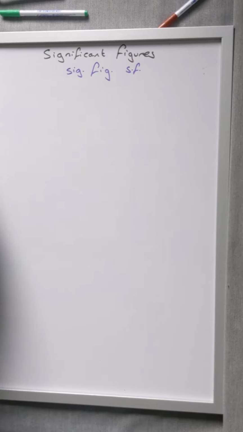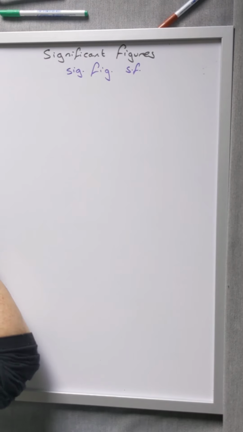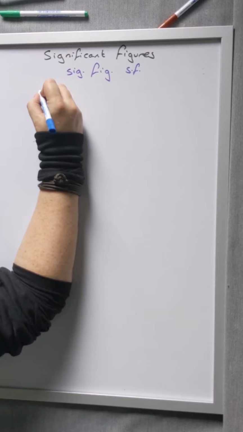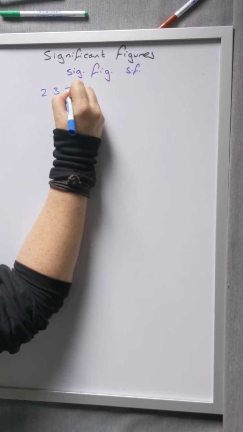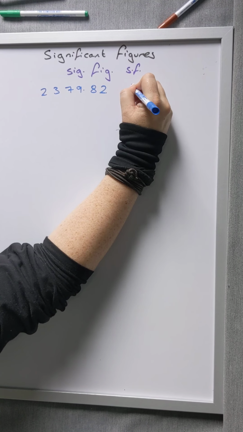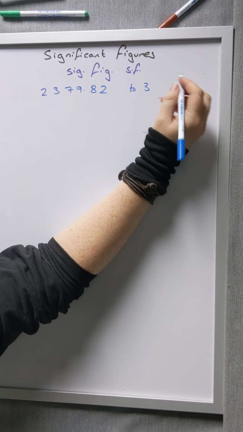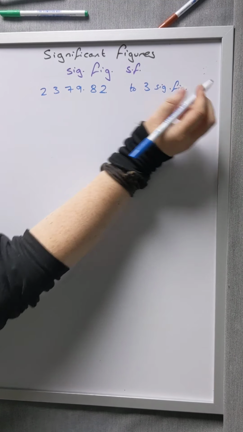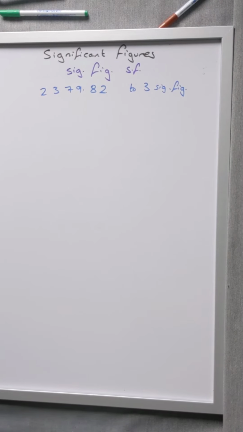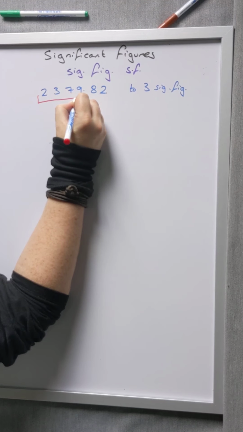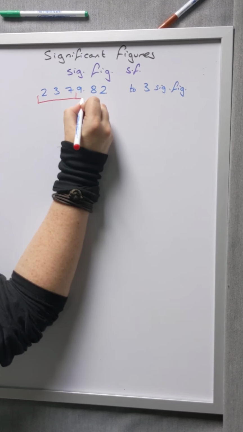So it's similar to rounding in that we do still round, but we're actually writing in our digit value as well. So if, for example, we had 2379.82 and we were doing it to 3 significant figures, then what we would be looking for is the first 3 numbers and what the next one does to it.